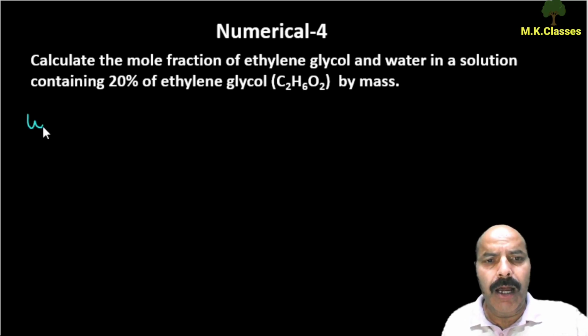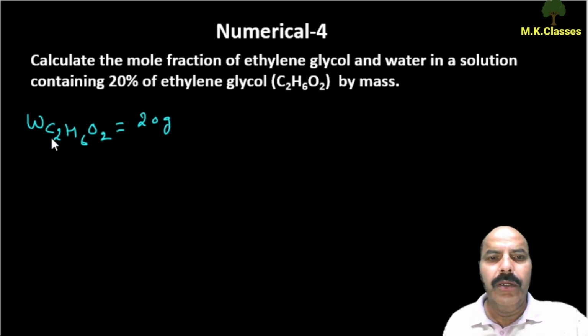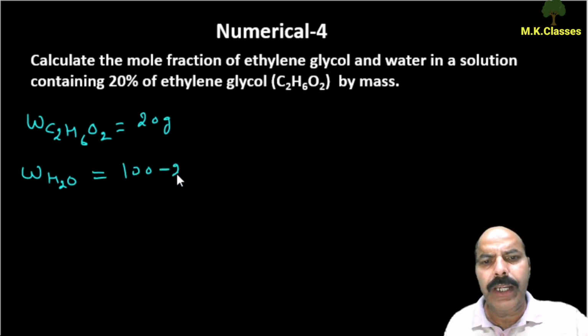So beta, the amount of ethylene glycol, C2H6O2, is 20 gram, as given. So beta, the amount of water, because the solution is 100 gram and there are only two components here, ethylene glycol and water, beta, so the amount of water will be 100 minus 20, because 20 gram is ethylene glycol, so that is 80 gram.